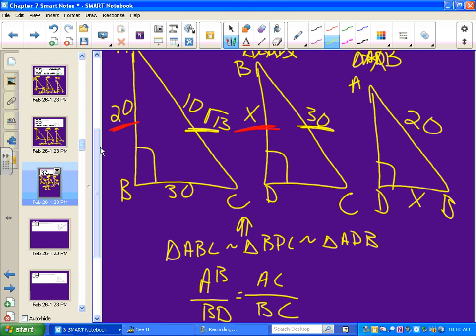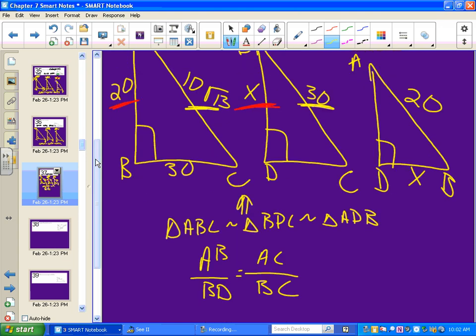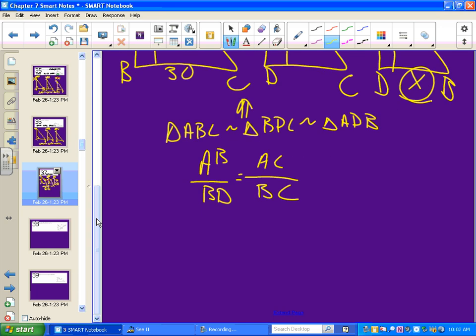And I chose those side lengths because that has x in it. I could have gone DB is to BC as AB is to AC also, because that also had our x in it. I only need one proportion with x involved. That is all I need.